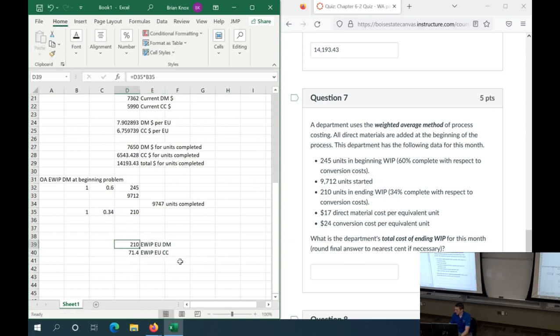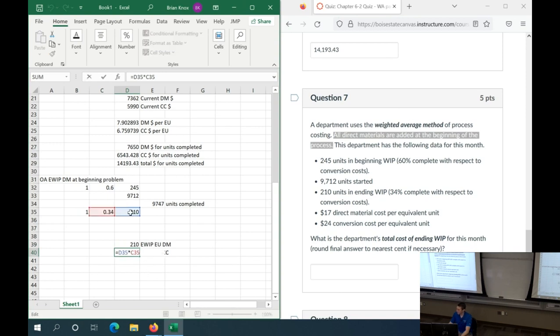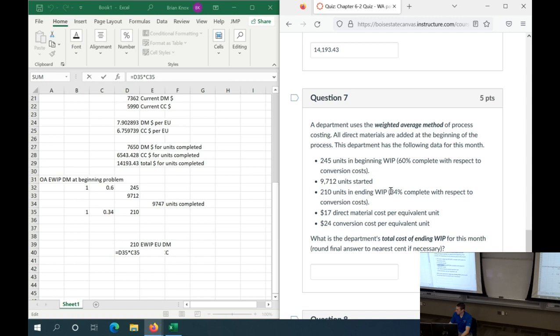Okay, so we have our ending WIP equivalent units with respect to direct materials: this 210 right here times the 100% complete that those units are with respect to direct materials, based on this rule right here. So that's what that equals. And then our ending WIP equivalent units with respect to conversion cost is that 210 times the 34% that we're given for conversion costs.